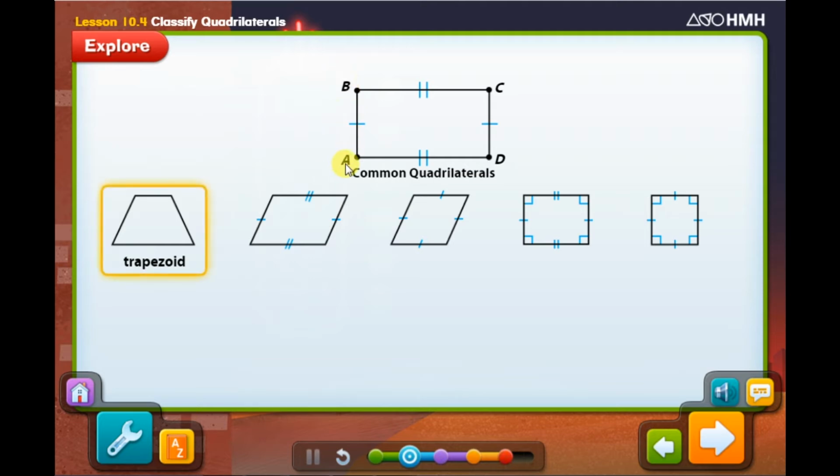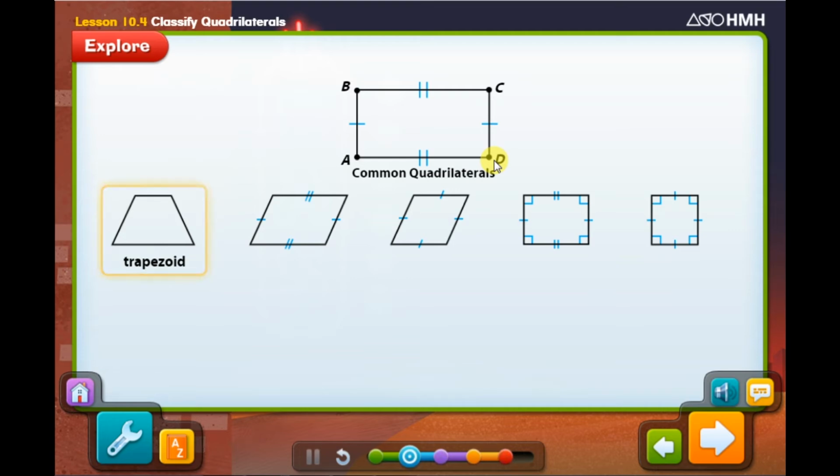So for example, you can say A, B, C, D or B, C, D, A, but you can't say A, C, D, B and just tell the letters in any order. You have to walk around the shape, choose a starting point, then walk around the shape in one order.